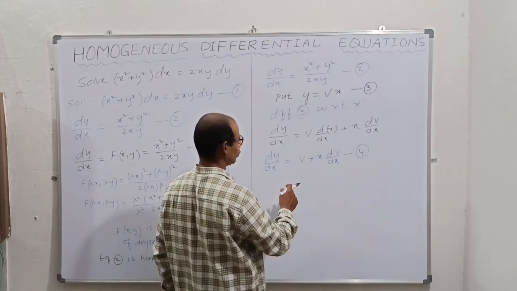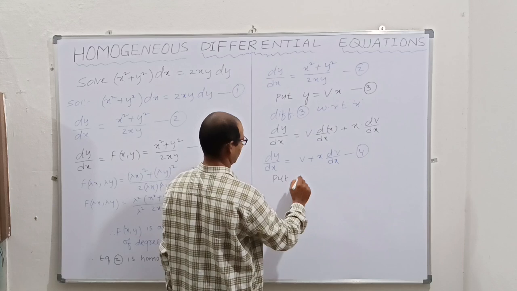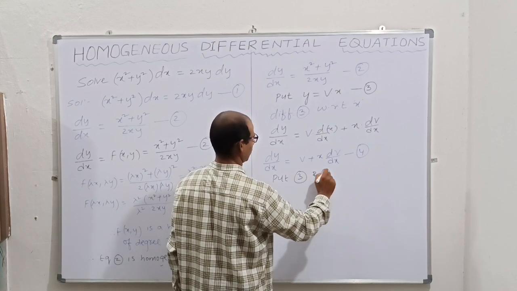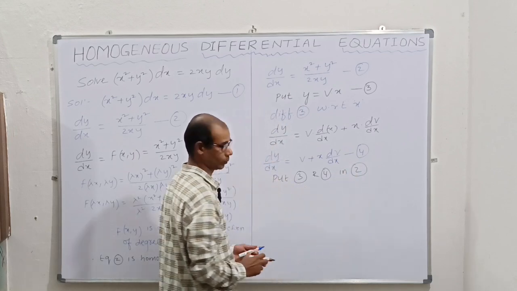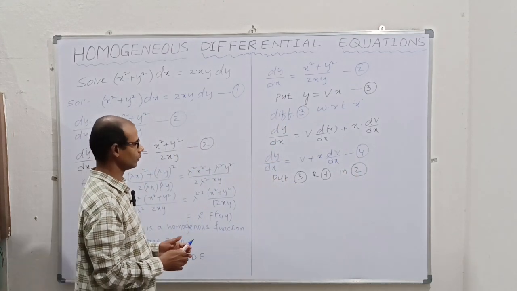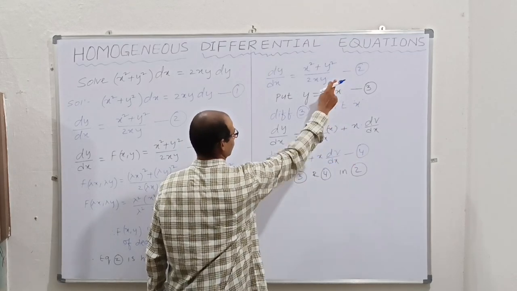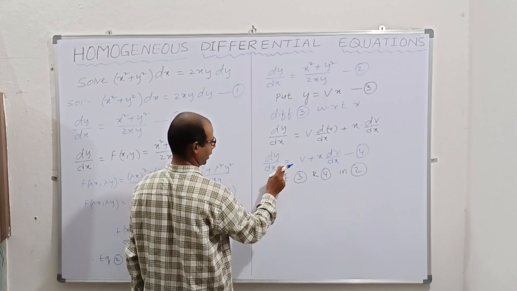So now what we have to do, put 3 and 4 in 2, right? So we have to substitute equation number 3 and equation number 4 in 2. So therefore instead of dy by dx we'll write this one.